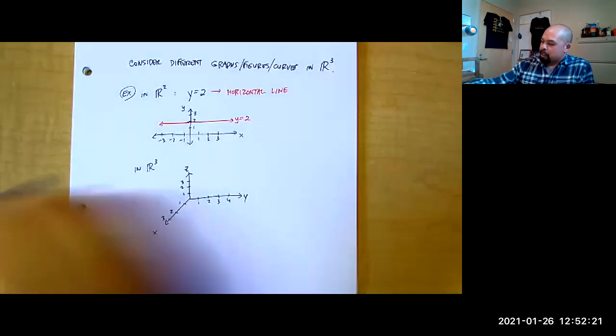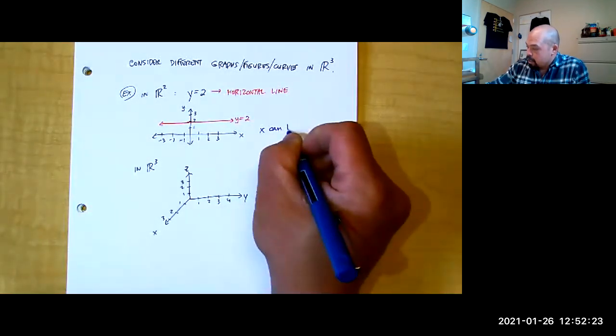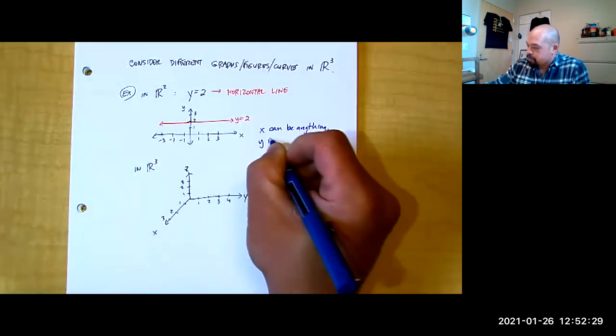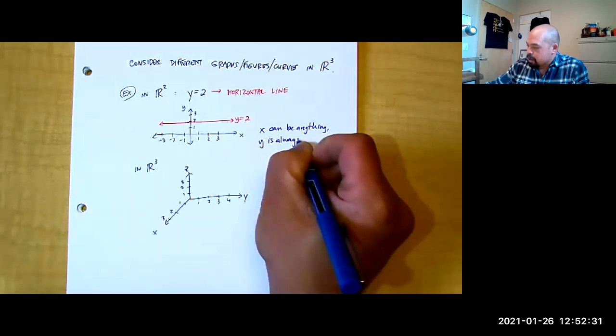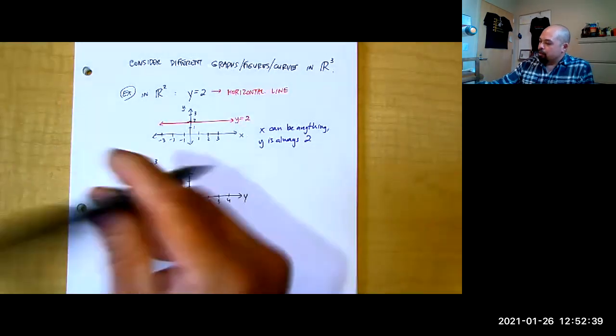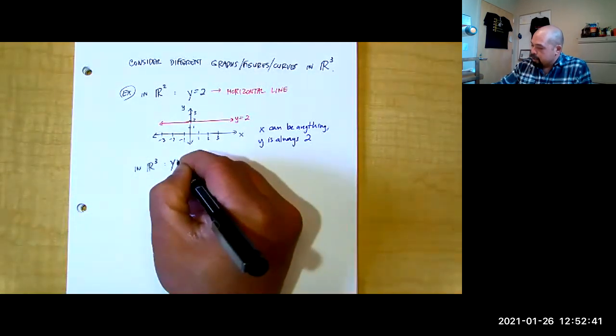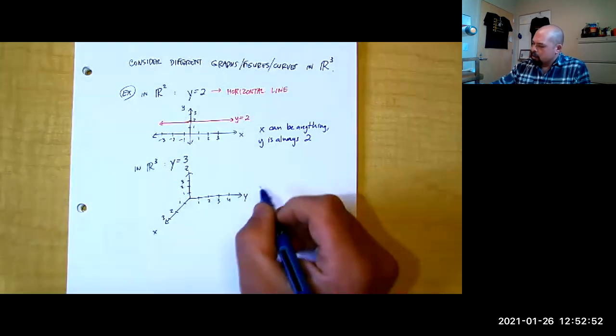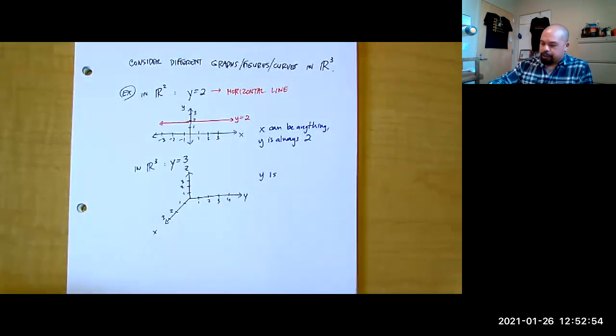We talked about it up top: X can be anything, any value. Y is always that quantity 2. But what about in R3? What about that equation y equals 3 here? Okay. So in this case, again, y is, oh, sorry, I should have said 2, sorry. But we'll do 3, it's fine. Y is always 3.